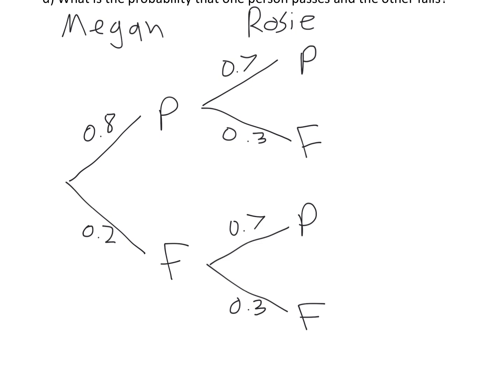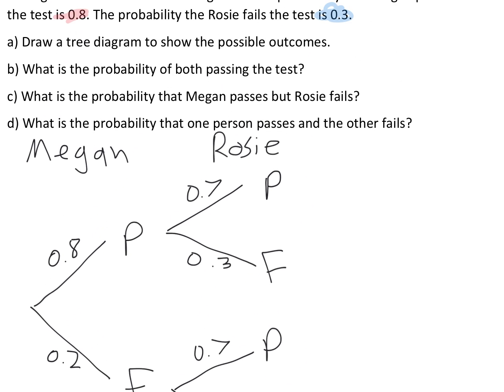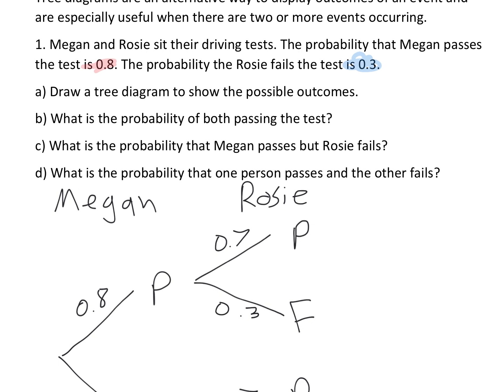Now, it looks like Rosie's got 2 things happening, but this represents Rosie when Megan passes, and this represents Rosie when Megan fails. But there's no change. They're independent events, so this here looks exactly the same as this one. And that's part A done, which was to draw a tree diagram to show the possible outcomes.